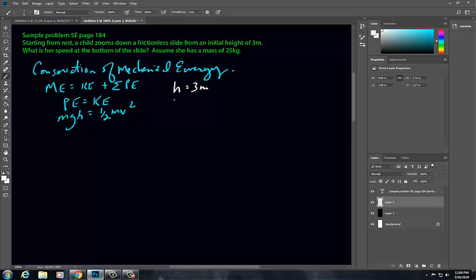The initial velocity is 0 meters per second, and we don't know what the final velocity is. We'll need that. And we know that the mass is 25 kilograms. So this is like an elementary school girl or something like that. But this is what we know, and we know that gravity is going to behave the same.